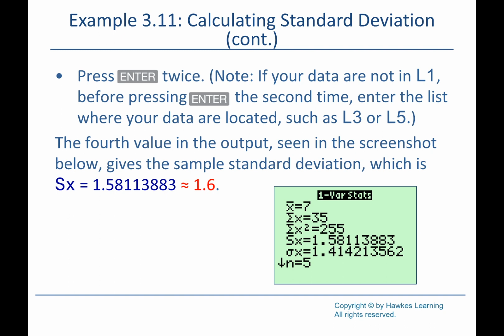But this is what you'll get, something like this, on your calculator. The graphing calculators have a big screen, so they spit out this stuff all at once. It might be kind of hard to see, but on this one, that would be the number we wanted because we were calculating sample standard deviation, so it's S. If it said they were population values, we would have used the one that says sigma.